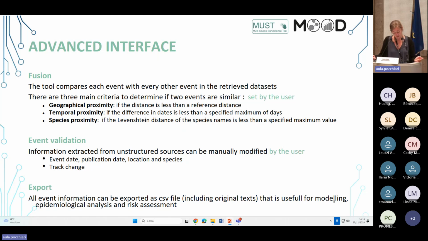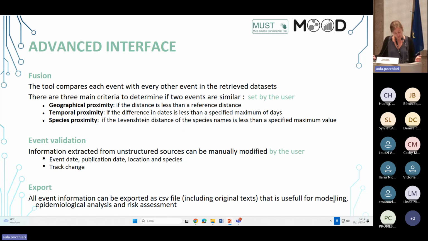So the user can parameterize the tool and identify the geographical proximity, the temporal proximity, and the species proximity to see if all the events are talking about the same outbreak. For the moment, the user can choose the parameters, but in further studies, we will try to assess and identify the best parameters to do the clustering automatically.